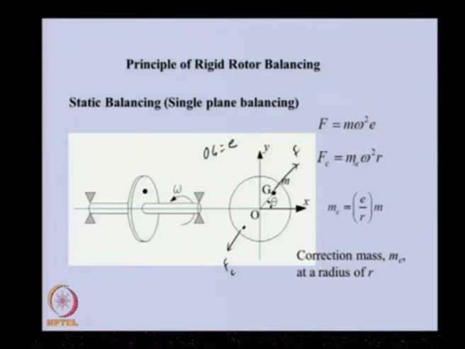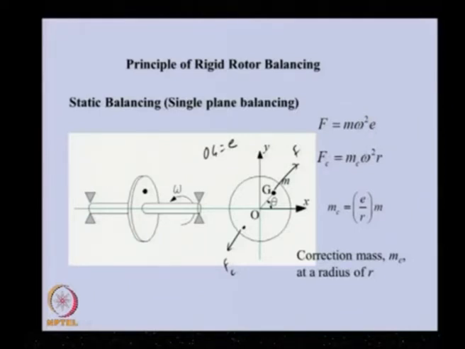So, this mc is basically the correction mass, and we are keeping it at a relatively larger radius. The correction mass will be smaller compared to the rotor mass, which is why we need to keep it at a larger radius. The rotor mass will be relatively higher, but this eccentricity will be relatively smaller.